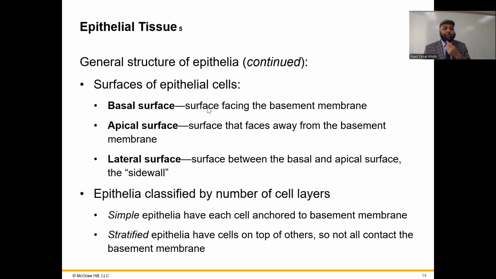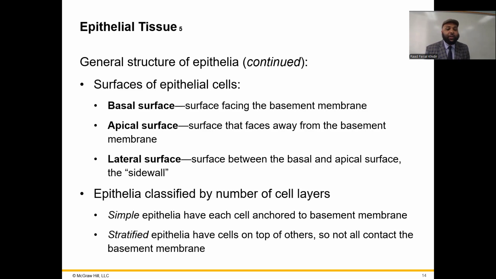Regarding the surfaces of the epithelial cells, there is the basal surface, which faces the basement membrane; the apical surface, which faces away from the basement membrane; and the lateral surface, the sidewall between the basal and apical surfaces.